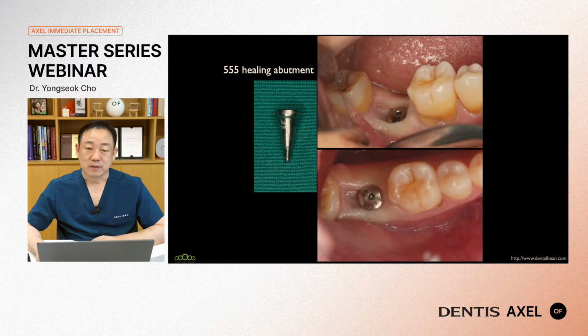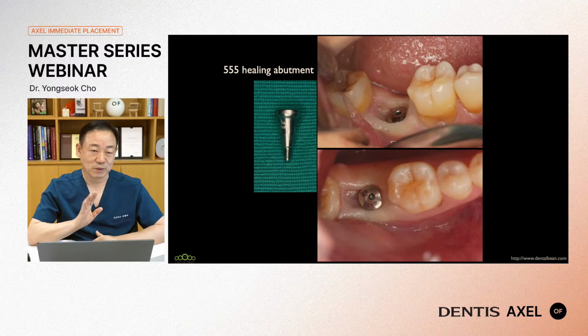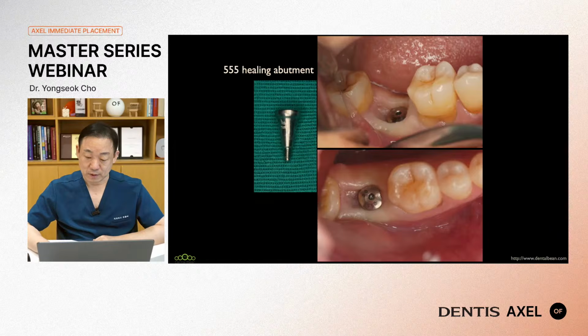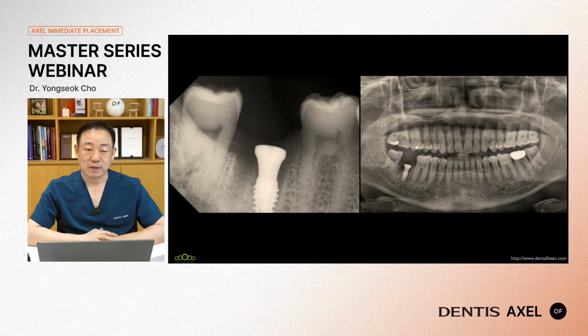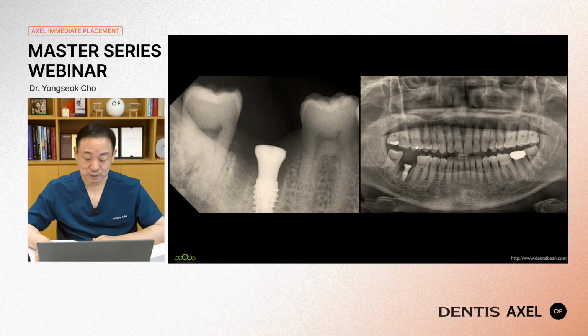Here, I connected the 5 by 5 healing abutment. It is slightly under the gingival margin. It's no problem. Sometimes I connect a 5, 5, 7 healing abutment. This is the postoperative radiographic image. As I planned, the implant was well placed.